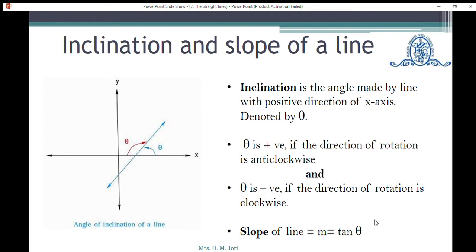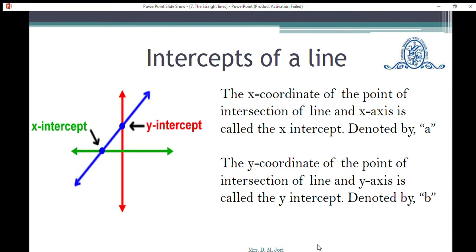More formulae are there to calculate slope, but it depends on the given data. Depending upon that, we can accordingly find slope. So if the inclination is known, just find tan theta, it gives you the slope of that respective line.